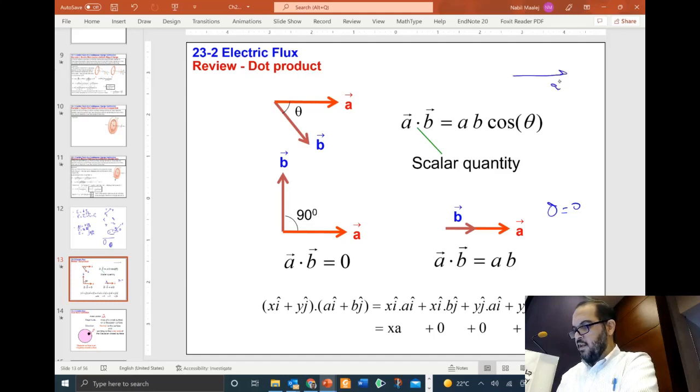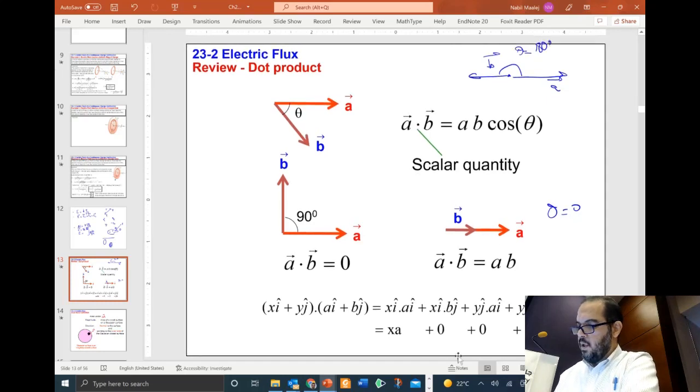If A is like this and B is in the opposite direction, so the angle is 180 degrees. My pen is misbehaving today, but it's okay.